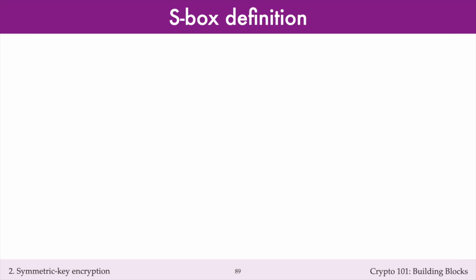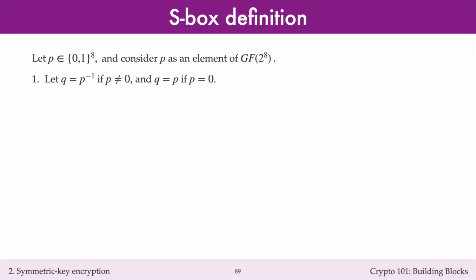I'm now ready to define the AES S-box. Here is an algebraic description of the S-box. Let P be a byte, which we can consider to be a polynomial over Z2 of degree at most 7, so an element of the field GF(2^8). If P is non-zero, then Q is defined to be the inverse of P in the field GF(2^8).